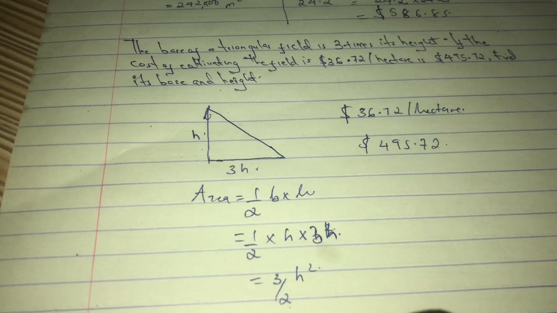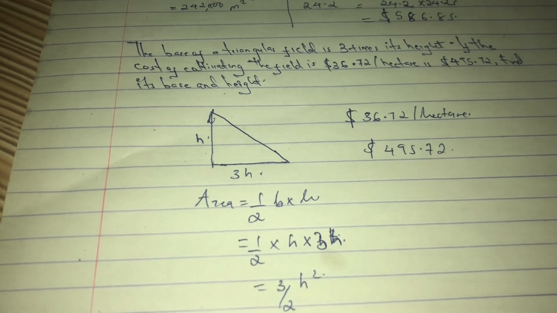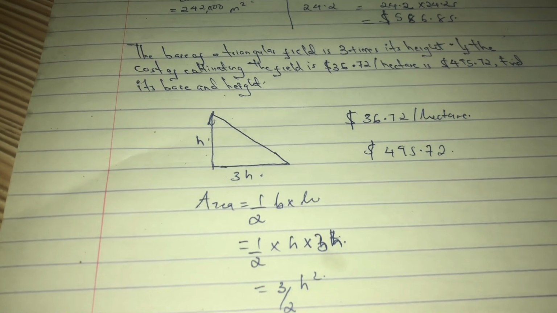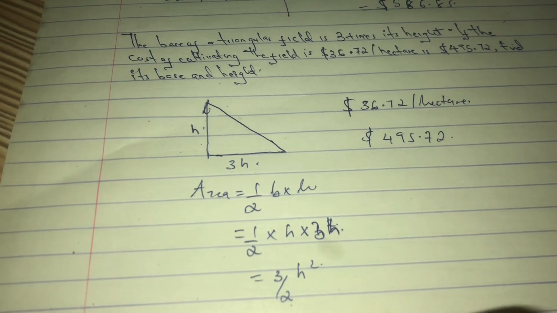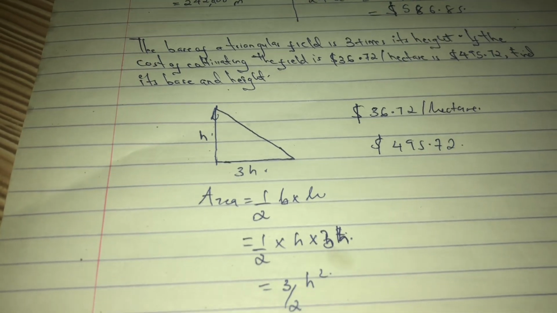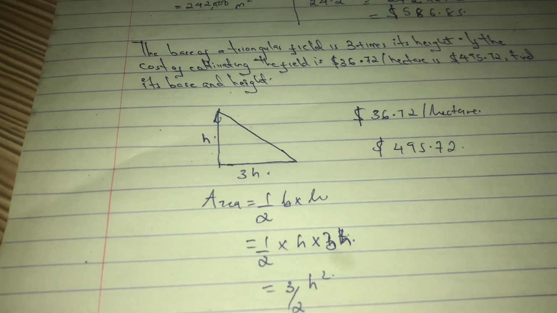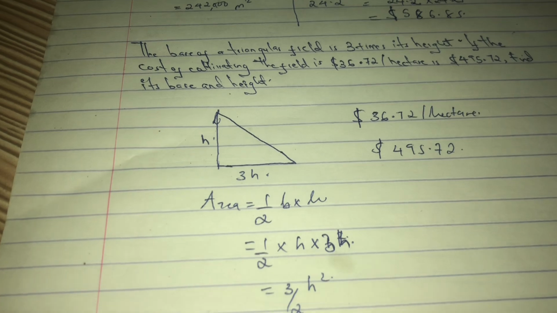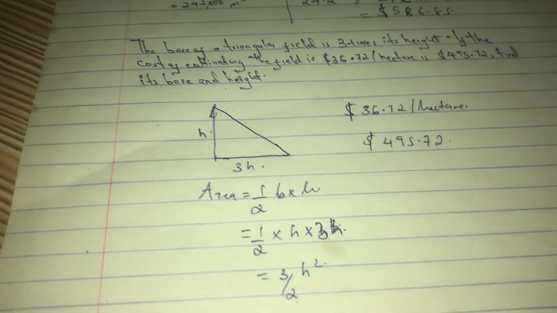What of 3/2 h squared will be equaling to y? So we cross multiply. That means y will be equal to 3/2 h squared times 36.72.